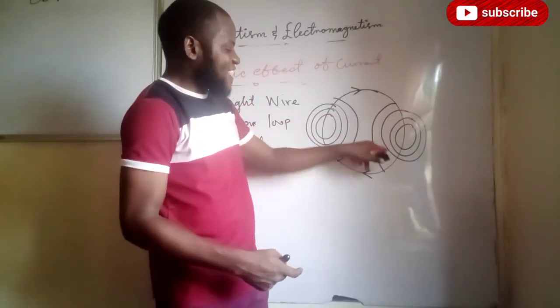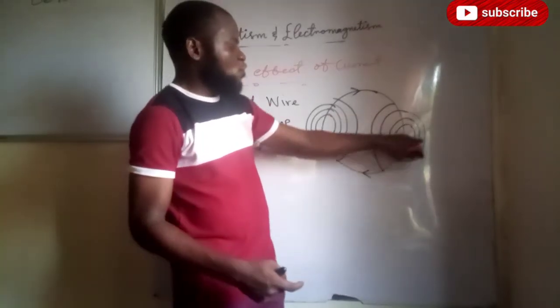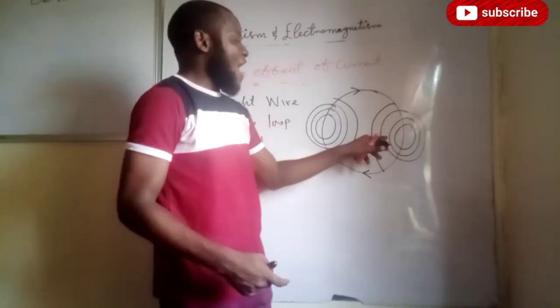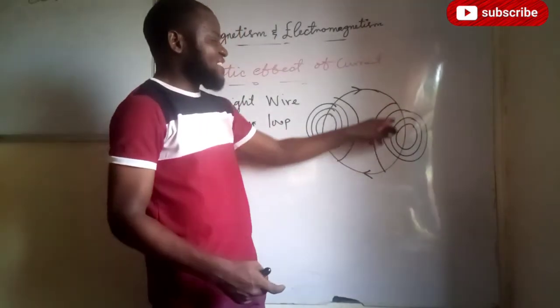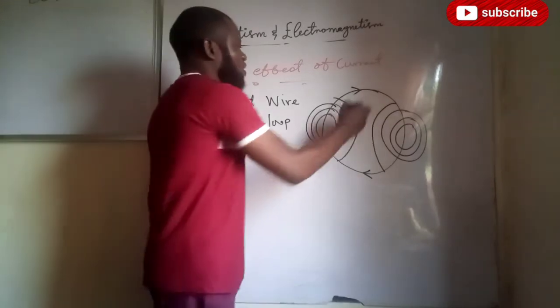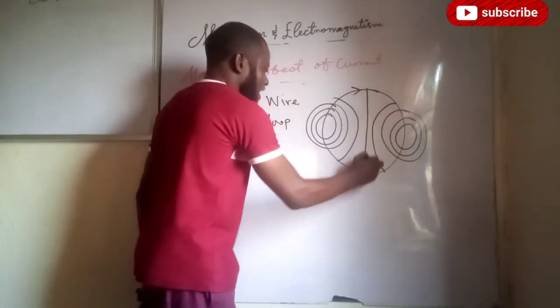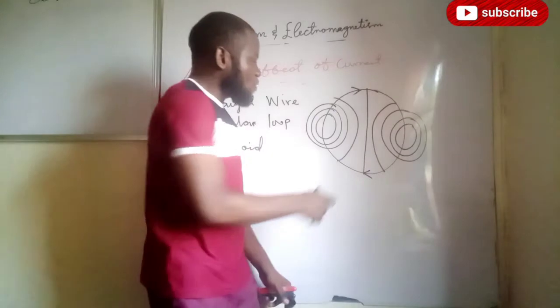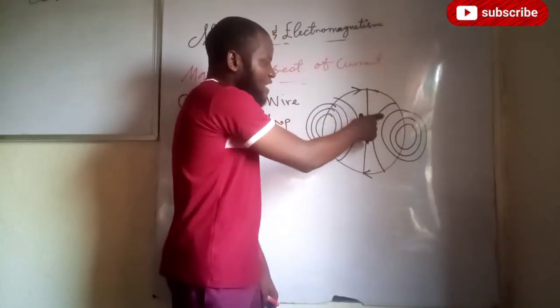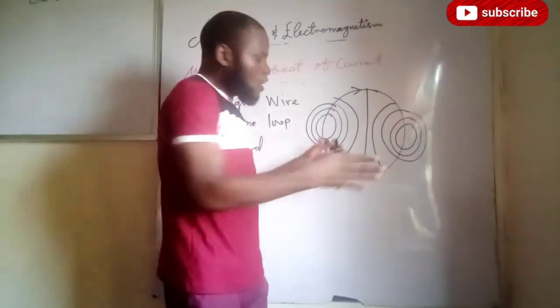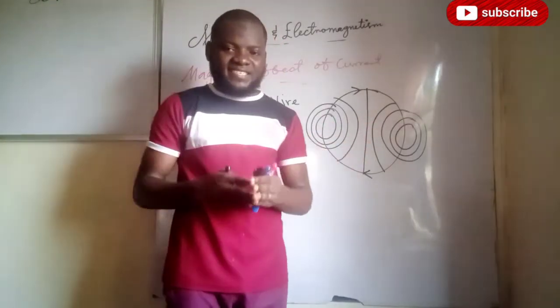Then you have your magnetic field patterns to look in this manner. As the loop increases, you find that your magnetic field pattern is approaching a straight line. Are we together now? So if you look at it, this one is not as curved as this. By the time the next line coming after this one also, and they all converge at the center.